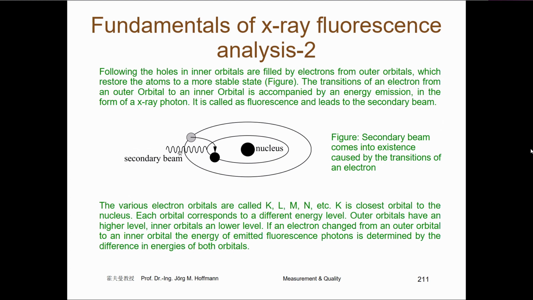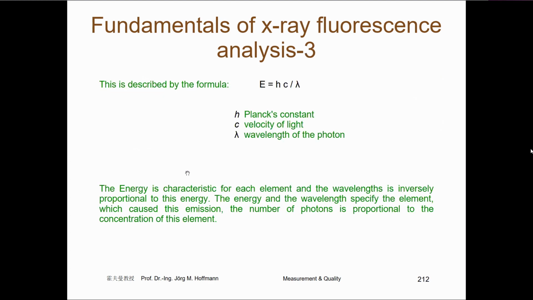And the frequency and the amplitude of this secondary beam is different for every metal that you have in your mix or on your surface, so that you can calculate the energy, and you can also calculate the wavelength, the lambda.